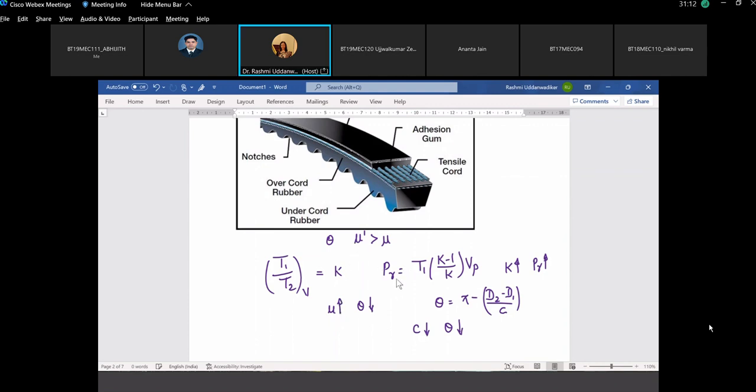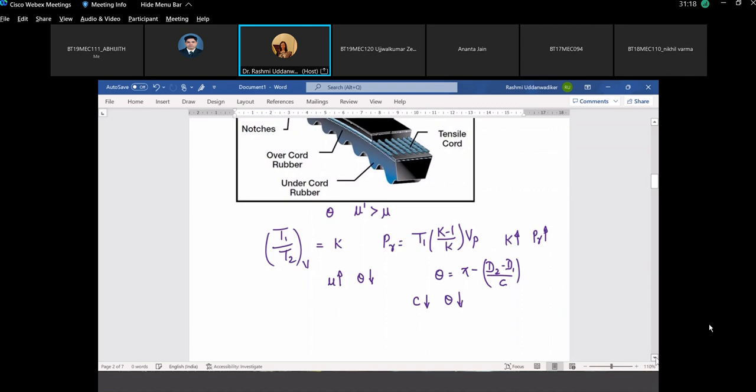So the power transmission capacity would not be compromised. This is another reason why we are replacing flat belt with V belt. Many times efficiency is a little lower for V belt as compared to flat belt, but with improvement in the material, that can be worked out.